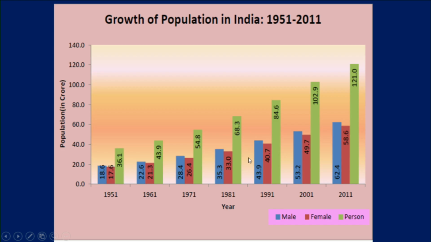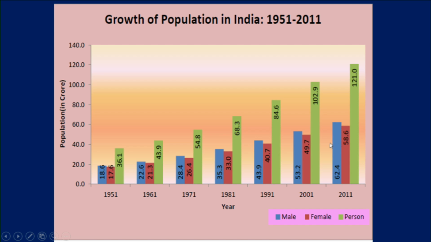This is the graph representing the population between 1951 and 2011. You can see the blue colored one is male, the brown colored one is female, and the green colored one is the total number of persons. In 1951, you can see the female population is a little lesser than the male. From 1961 onwards, as the years increase, the gap between male and female has increased.